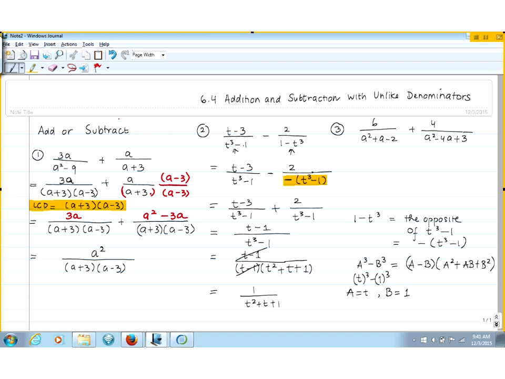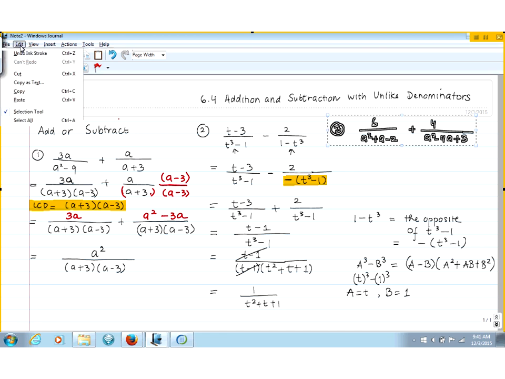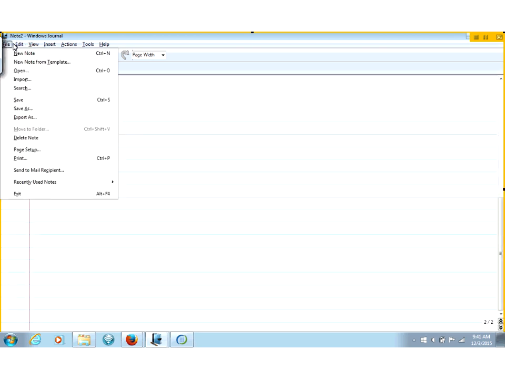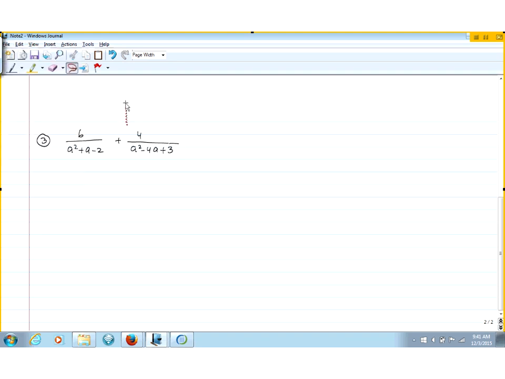Now let's do one more that looks like this. This is because your LCD, your denominators are opposite. Can you try this one? So let me copy this one first. We'll do it on the next page. And let's do one more with denominators opposite. Let me see which one.